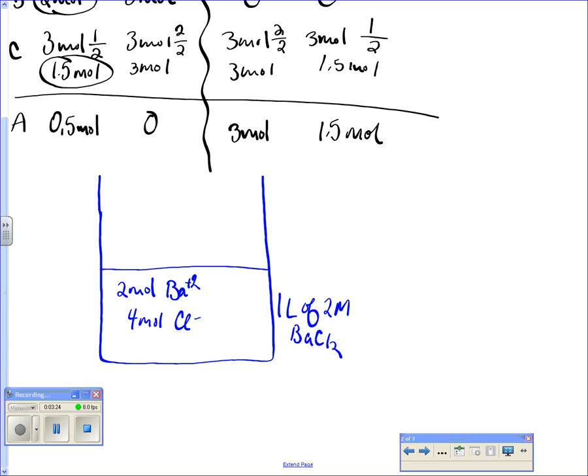Why 4 moles? Is that for every barium chloride, I have 2 chlorines. And so I know that my barium to chlorine will always be twice as much chlorine than I do barium. So that's in that first liter.